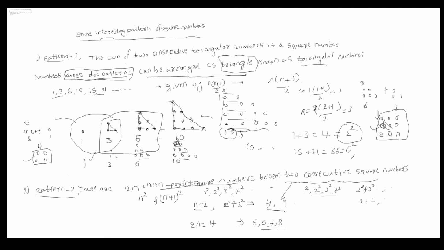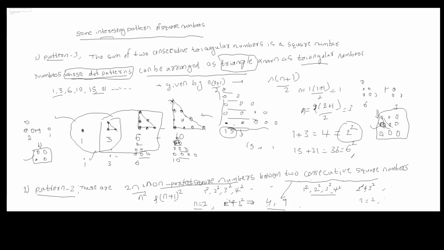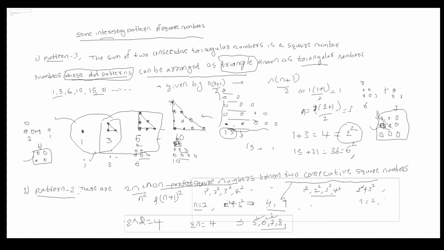Definitely we agree. Between these two consecutive square numbers, there exist 2n, that is 2 into n, n is equal to 2, that is 4 non-perfect square numbers. Is it correct? 5, of course it is a non-perfect square number. 6, of course it is a non-perfect square number. 7 is also a non-perfect square number. 8 is also a non-perfect square number.